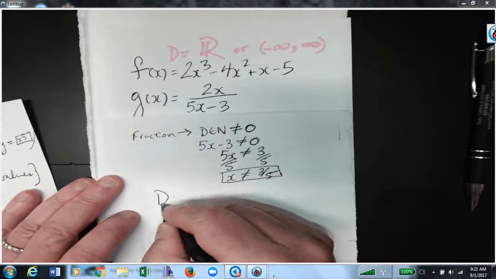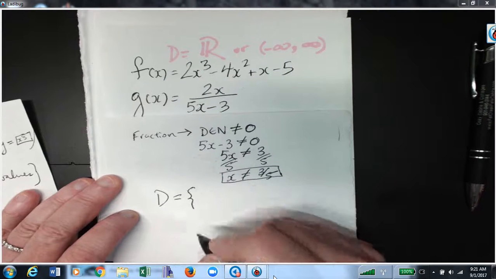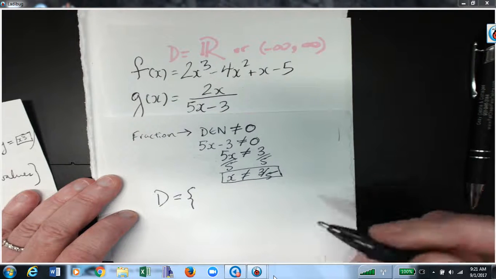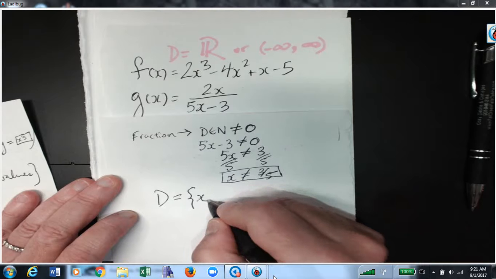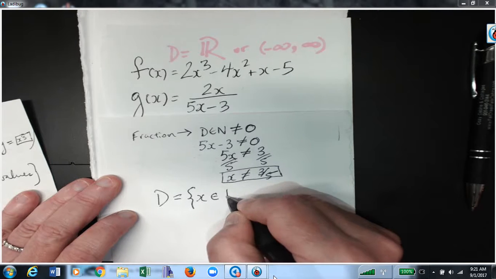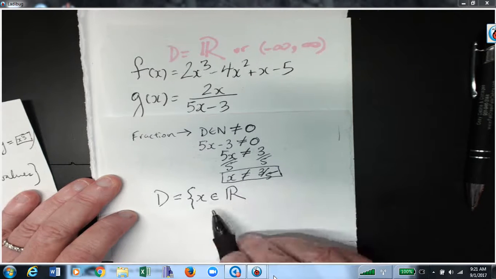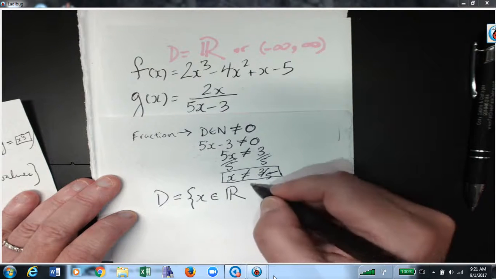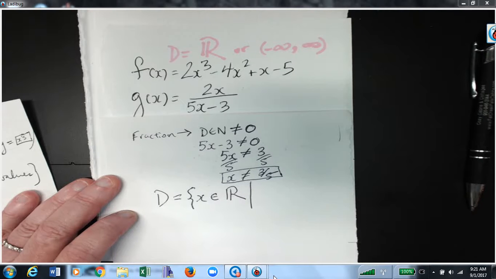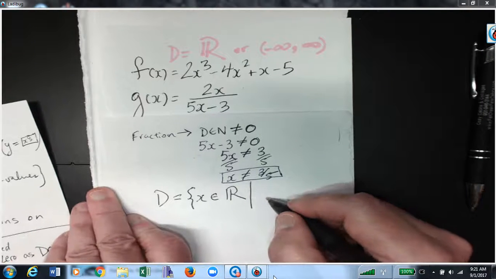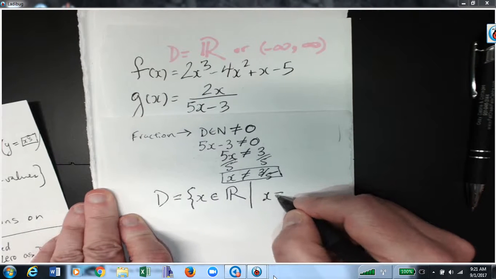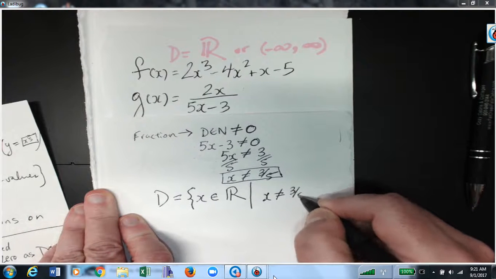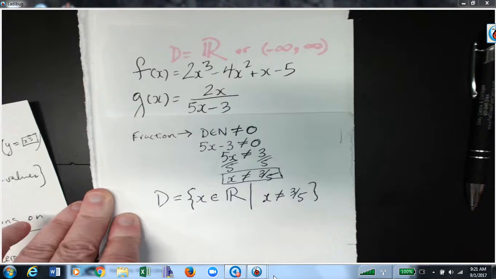So the domain for this guy, there's a formal way we can write it up, which would be x can be any real number. So this symbol here is like an epsilon, and it means x belongs to the set of real numbers. Then we draw a vertical line there, except in the case of x is not allowed to be 3/5.